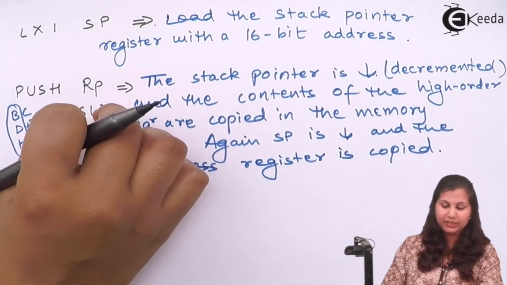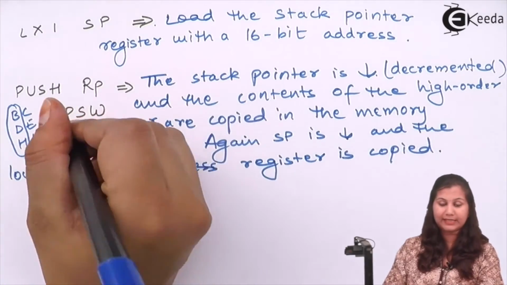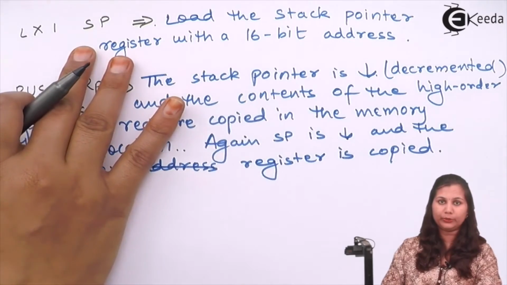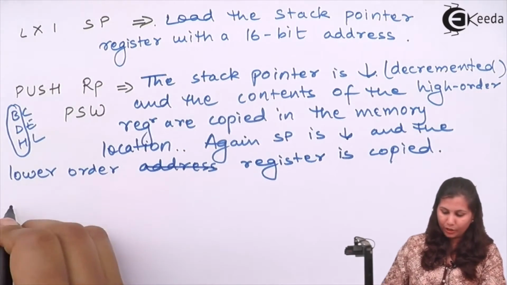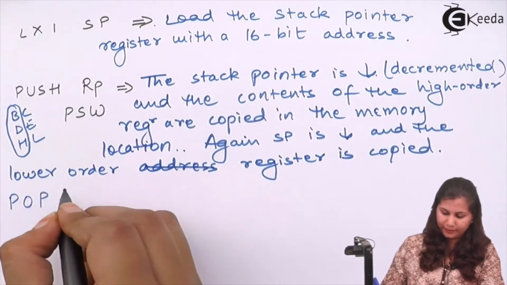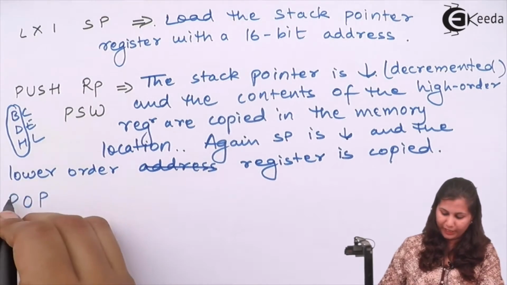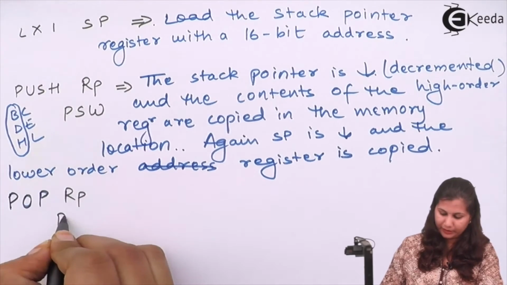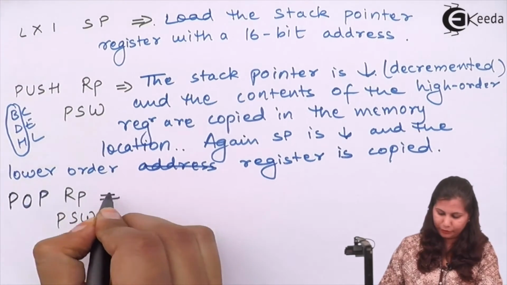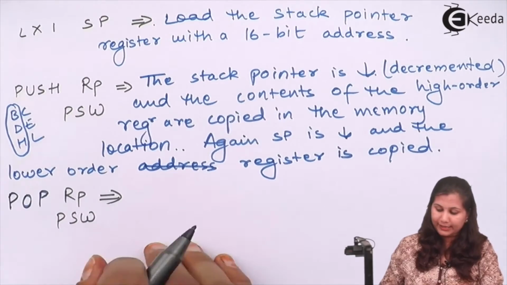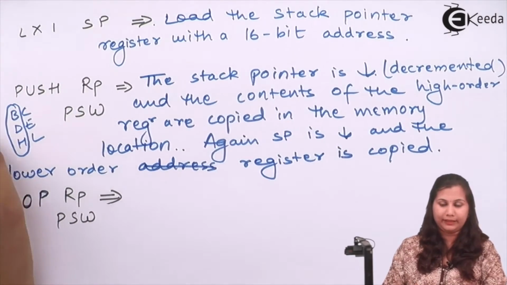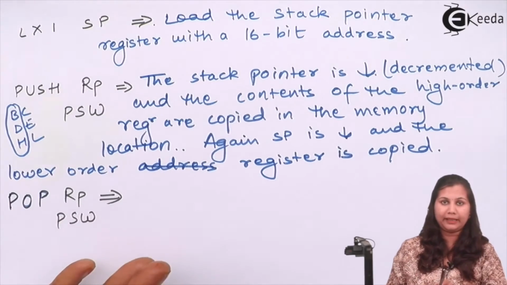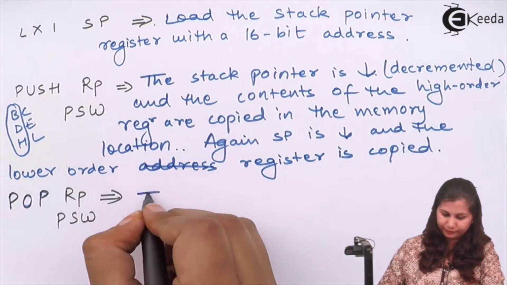Also the program status word, because it is an 8-bit register, its contents can also be stored into the stack. Now if we have pop, then for pop also we have register pair and PSW. In this case, the stack pointer is incremented. First the data byte is retrieved.